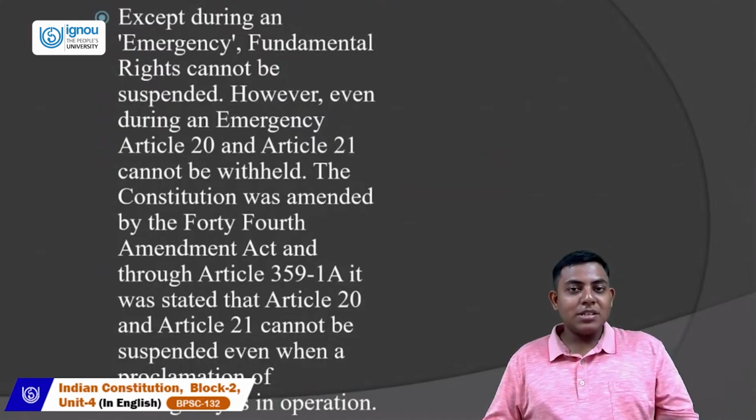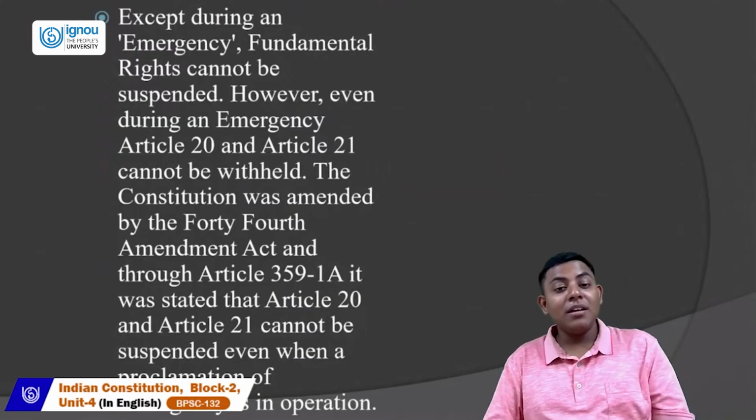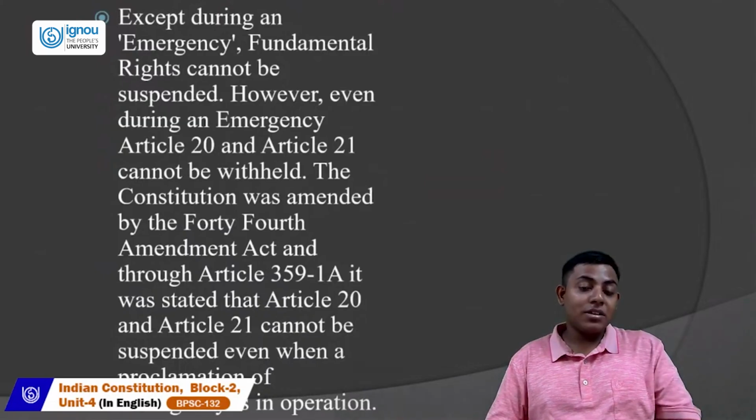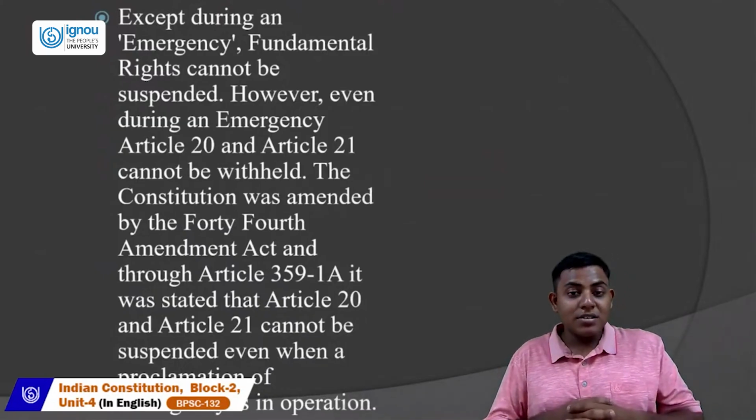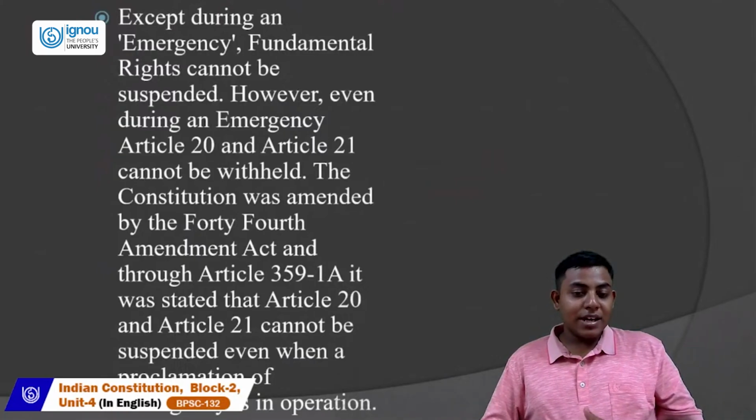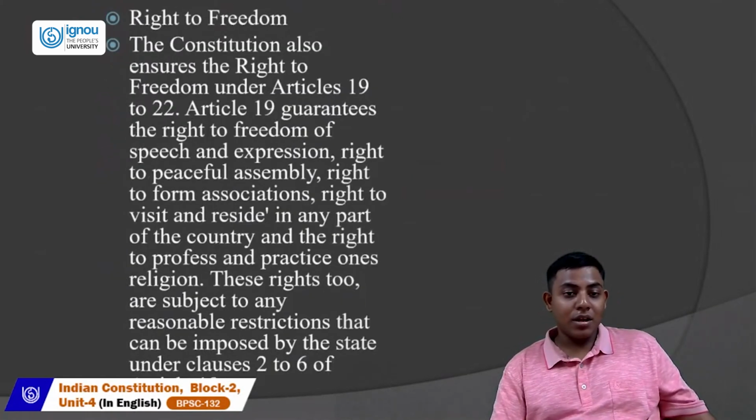And in the ADM Jabalpur versus Shivkant Shukla case, the judiciary had also said that fundamental rights can be suspended during the emergency. However, the judiciary later repented this decision of its. And the 44th Amendment Act inserted clause 1A to Article 359, and it stated that Article 20 and Article 21 cannot be suspended even when a proclamation of emergency is in operation.